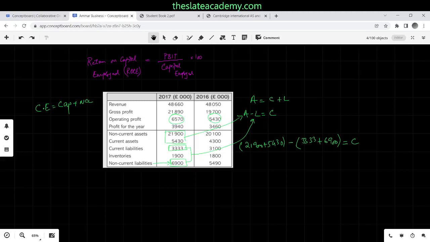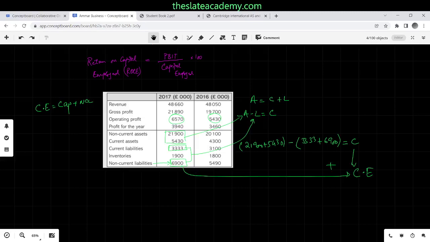That's the owner's interest in the business. This is how I calculate capital, and if I add non-current liabilities to it, I will get capital employed, right? And then you can use the return on capital employed.